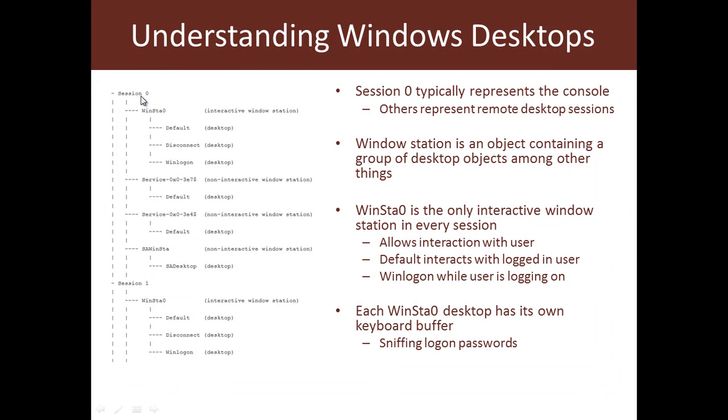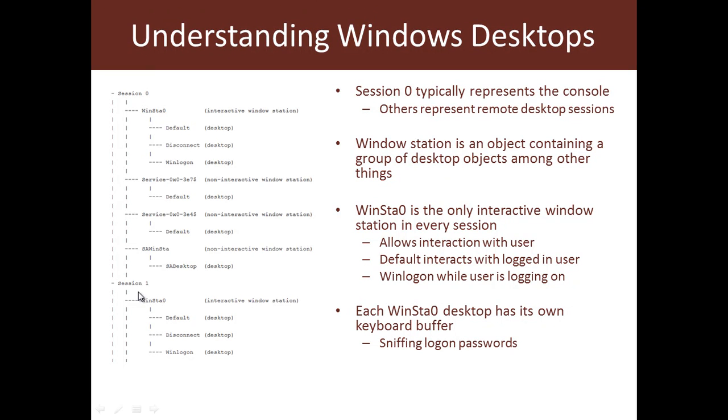the session, a very simple way to think about sessions is ways in which you can interact with the Windows machine. Session 0 is typically the console. So currently, as far as the Windows desktop is concerned, we've broken into a process which has access to the console.